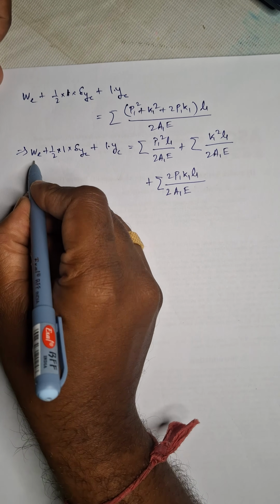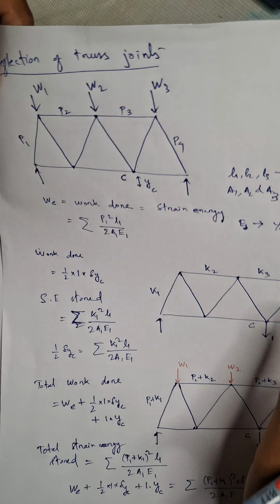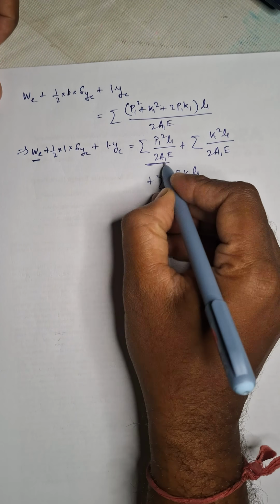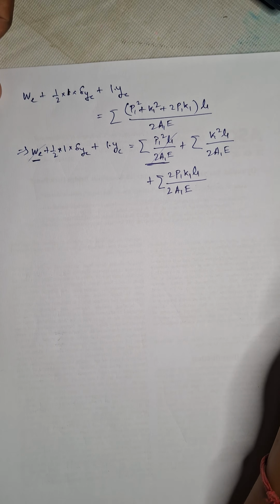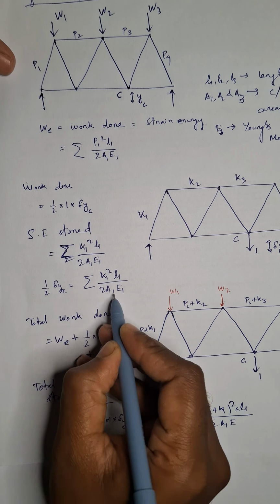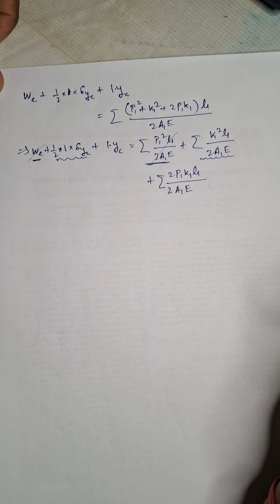Now do the simplifications. We already know WE is P1 square L1 by 2A1E, so this term and this term are the same, so they both will cancel out. We already know half into 1 into del yc is this term, so this term and this term will cancel out each other.